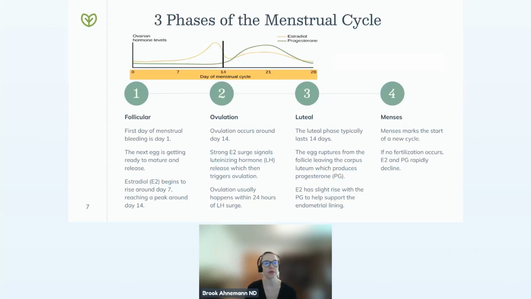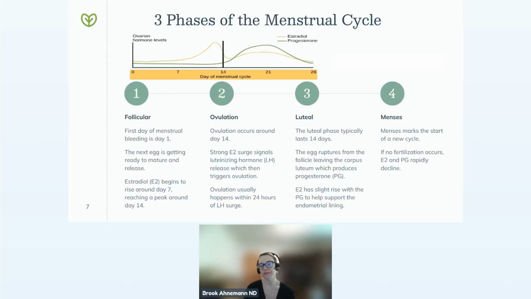We see pretty low levels of estrogen and progesterone during the follicular phase, although estradiol does begin to rise around day 7 and reaches a peak around day 14. That leads us into ovulation, which again happens around day 14. We see a strong estradiol surge that signals for luteinizing hormone release, which in turn triggers ovulation. That usually happens within about 24 hours of that LH surge.